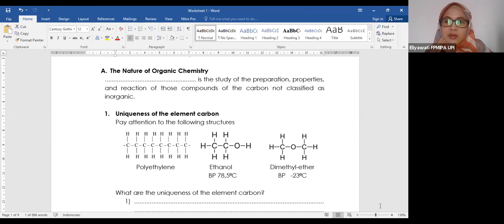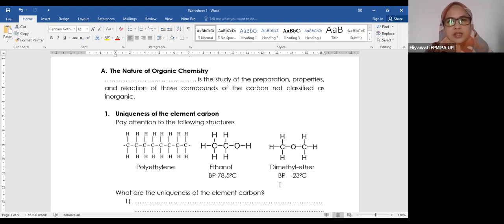Our body consists of organic compounds, for example glucose, carbohydrate, protein, fat also. So we can say that the number of organic compounds is very enormous, very huge in our universe.